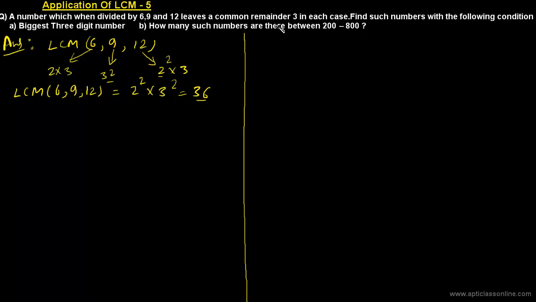Now we have to find a number which, after dividing by 6, 9, and 12, leaves a common remainder 3. So obviously such numbers can be found.